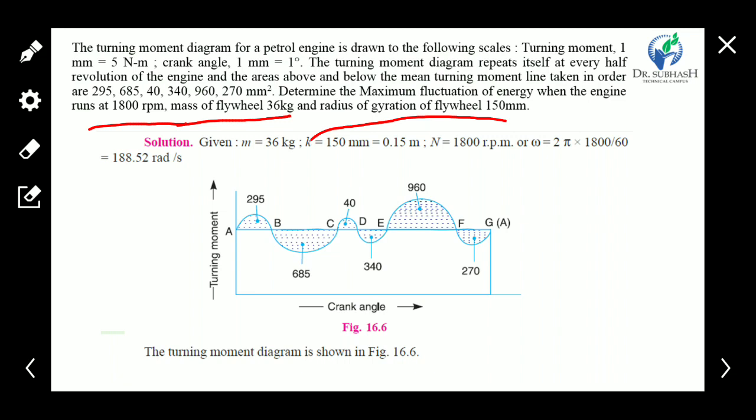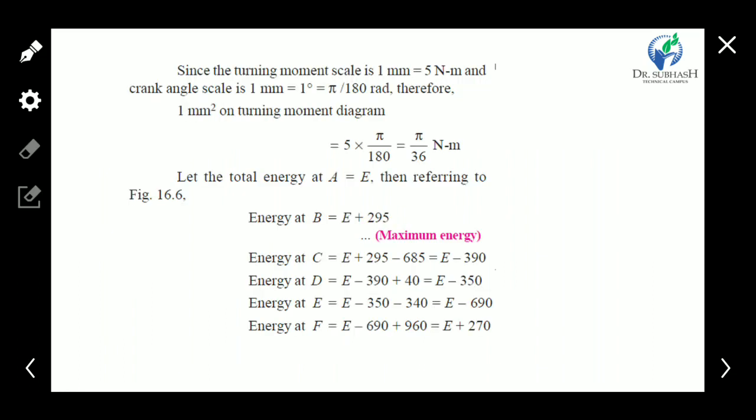Okay, so the data is given. We have to find out the maximum fluctuation of energy. First of all, according to the scale, 1 mm is equal to 5 Newton meter.